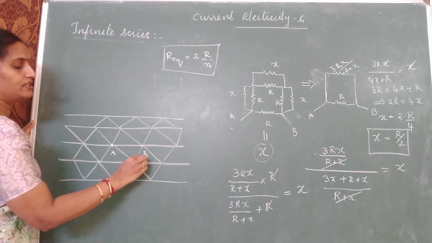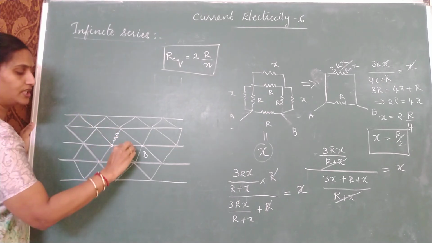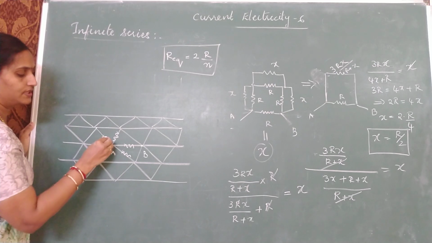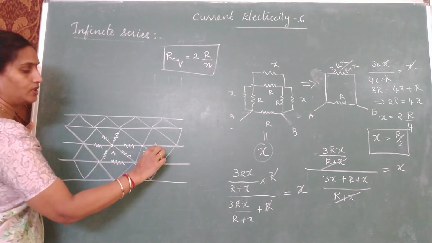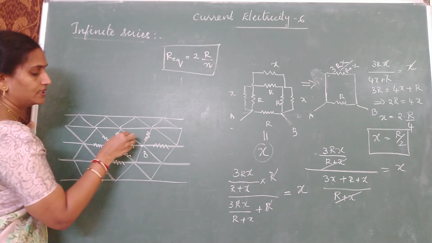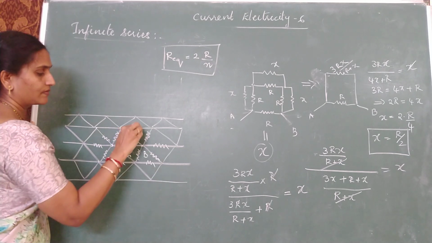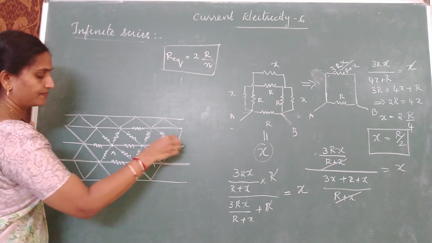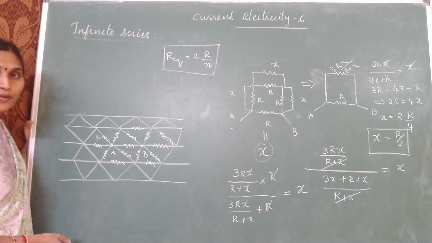We want equivalent resistance between A and B. Every side of it has a resistance capital R. Okay, here also we have R, R and R. Every branch is a resistor. You need to find the equivalent resistance and take all the resistors as capital R.